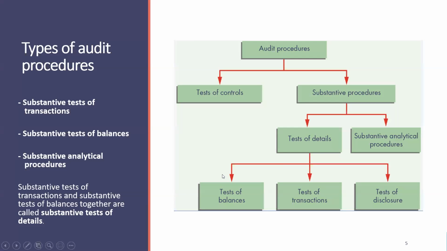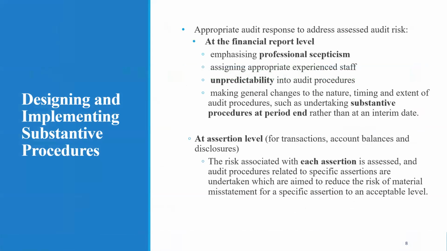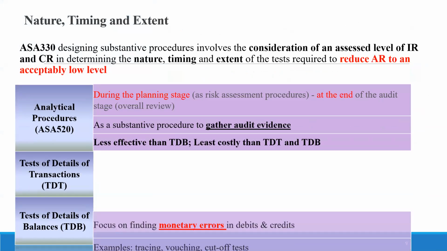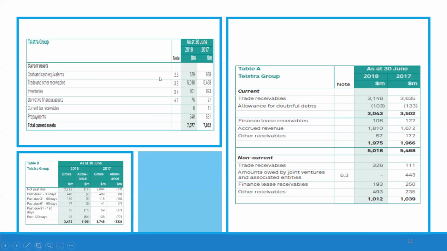you could actually see, I can't find my Telstra financial statements. Okay, so look at this Telstra example. You could see they have the current receivables here, which is over $5,000 million, right?